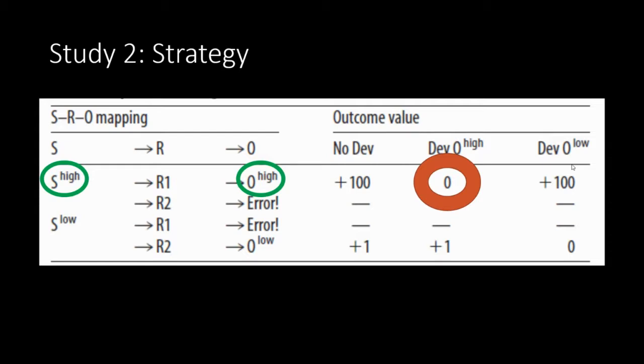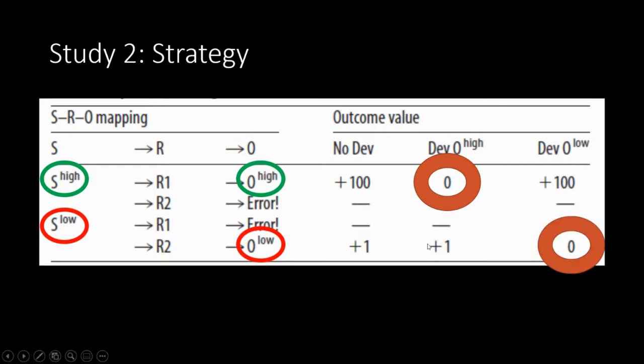And we call these blocks the devaluation of the high value outcome block. We also had a low value stimulus with a low value outcome, just 1 point, and we also devalued this outcome in some blocks. But what is more interesting is the devaluation of the high value.